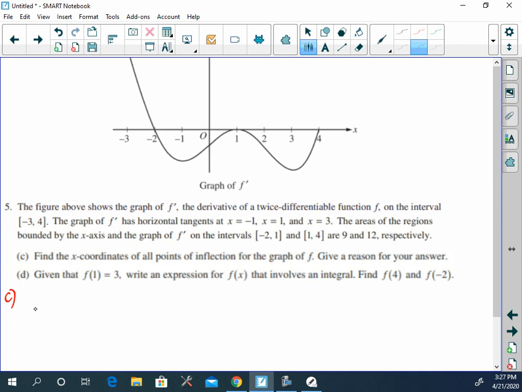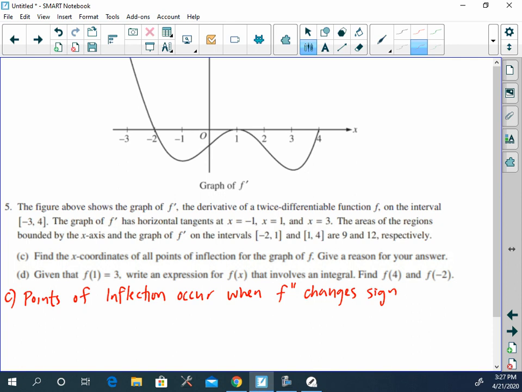So we're going to have a point of inflection occur when the second derivative, so f double prime, changes sign, because it's when it changes from concave up to concave down or concave down to concave up. That happens when the second derivative changes sign.